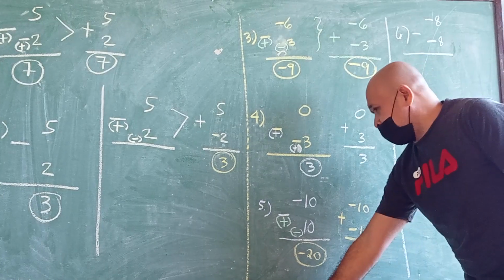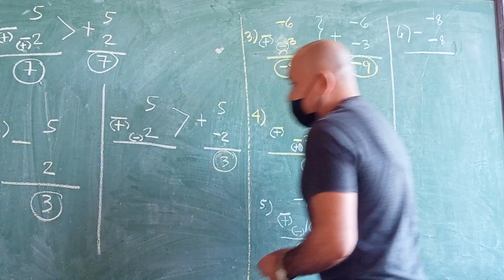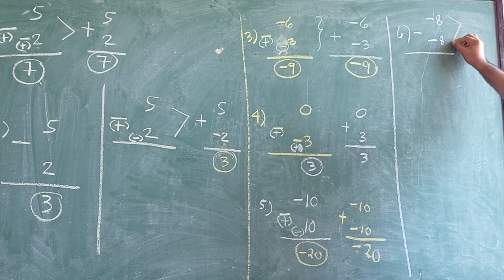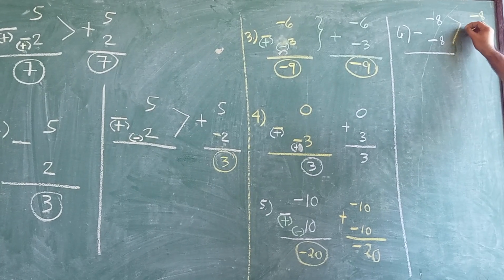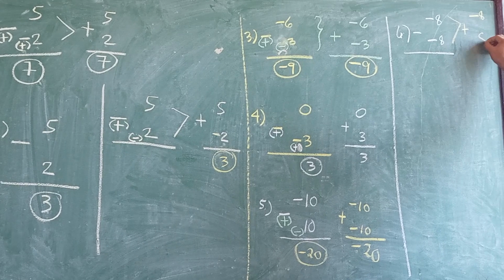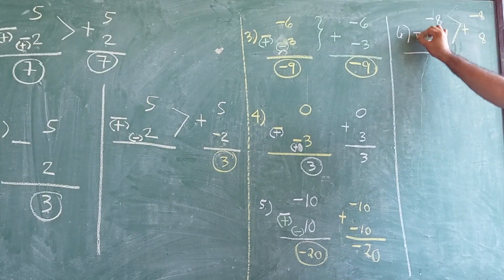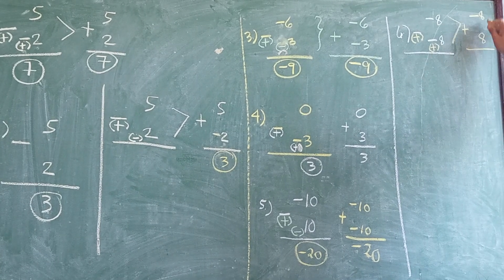Okay, so again, if you have already mastered the rules, it is not anymore necessary for you to show this step, that this will become negative 8 and then plus positive 8, because you will change this one into positive and you will change this one into plus. So this is now the result.